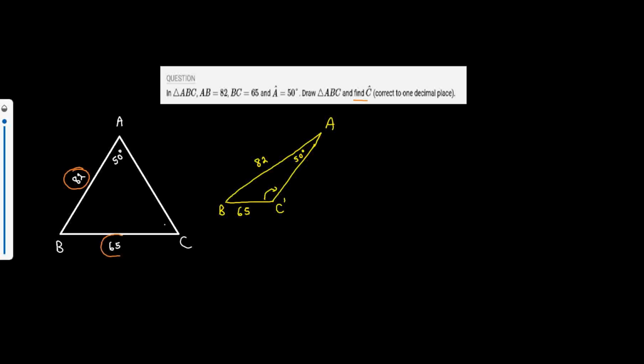If the angle you are required to find is opposite to the larger given side, let me repeat that, when the angle you're required to find is opposite to the larger of the two given sides, that is when we have an ambiguous case. That means angle C could be an acute angle, or angle C, in this case I'm going to name it C prime if you're looking at another triangle, could actually be an obtuse angle in an obtuse angle triangle. So which one is correct? Mathematically, both are correct. That is why it's called the ambiguous case.